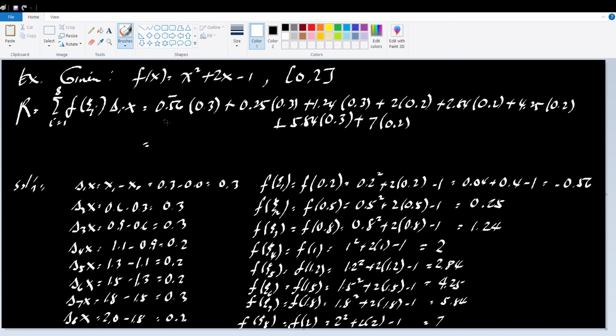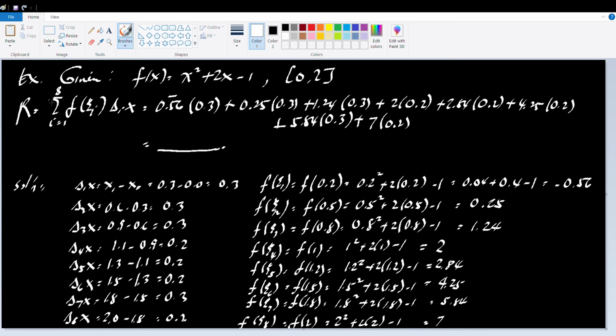And you do some calculation here. You can use your calculator and you will get the sum. And that is the Riemann sum corresponding to the given partition delta as well as the set of points c sub i.